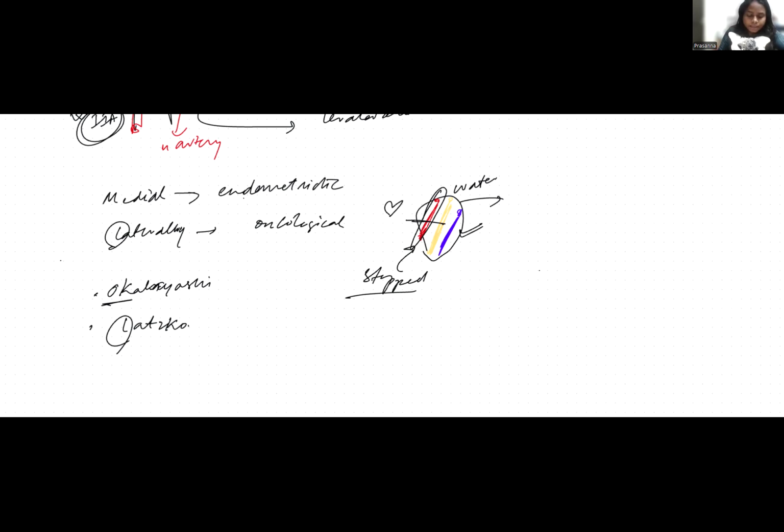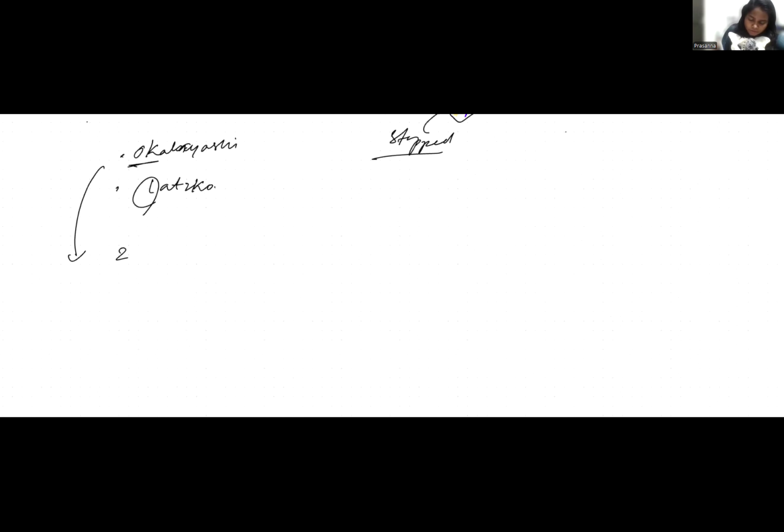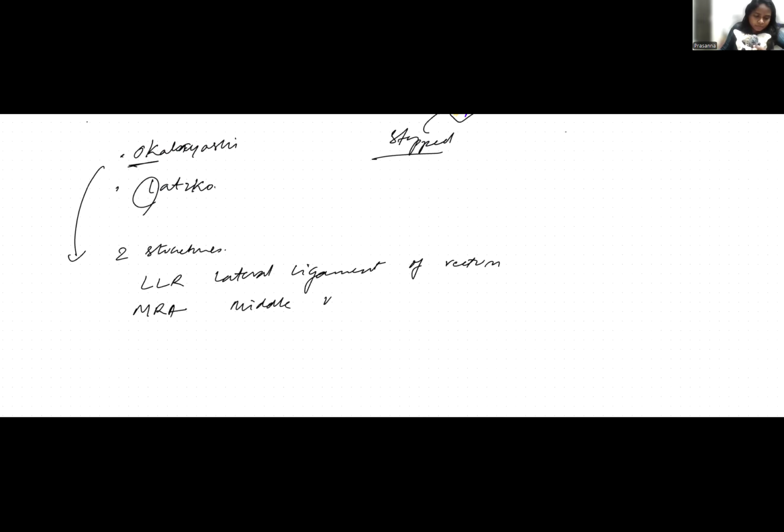Basically there are two important anatomical structures in the medial part: one is the lateral ligament of the rectum, and the other is the middle rectal artery.